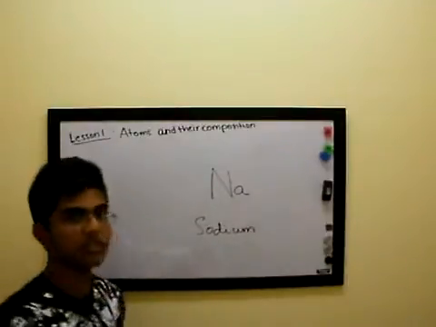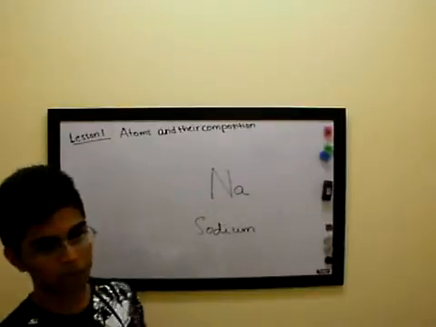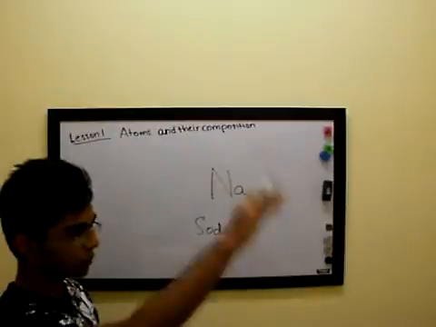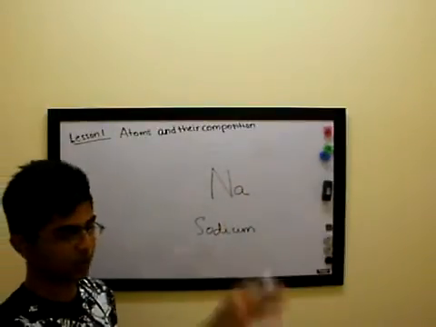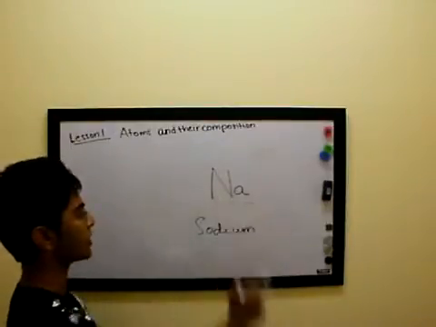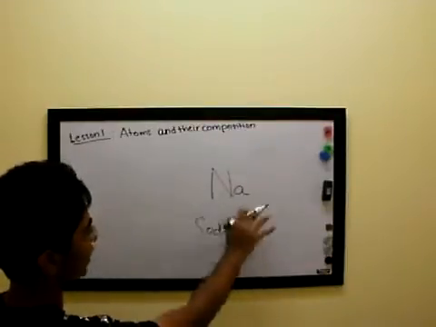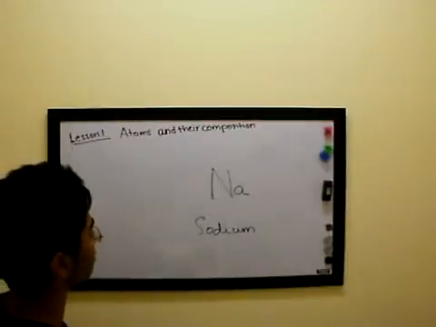If you're going to write down sodium on a test, or for a chemical reaction or whatever, you don't want to write down a whole page of different chemical names. It's easier to represent them as symbols. Na is a symbol for sodium. We only have one Na here, so that represents one atom of Na.